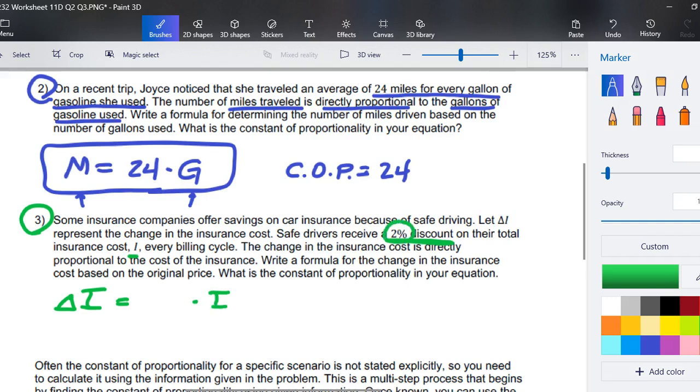With 2% being a discount, we write it as a negative 2/100 times the cost of the insurance. The constant of proportionality is negative 0.02. I like it with a leading zero. Both are beautiful, but I like that better.